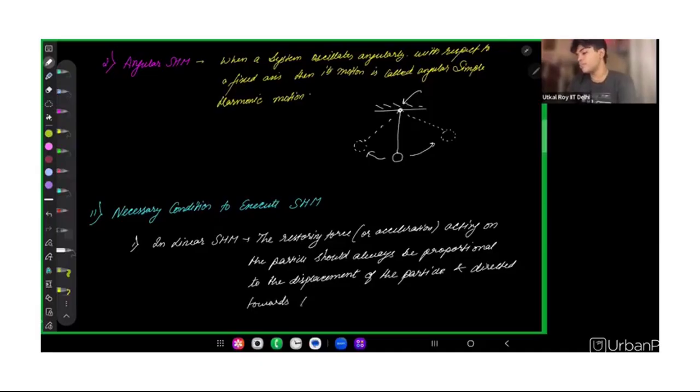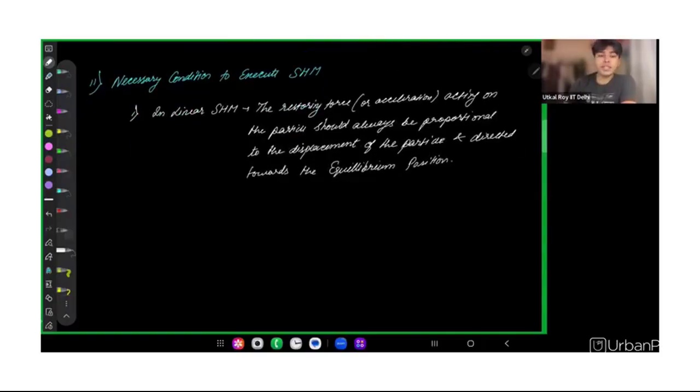Very important. What does it mean? Force should be proportional to minus x, or acceleration proportional to minus x. Why minus x?